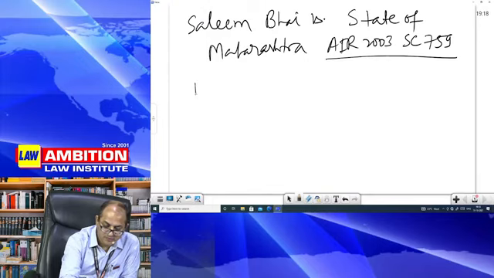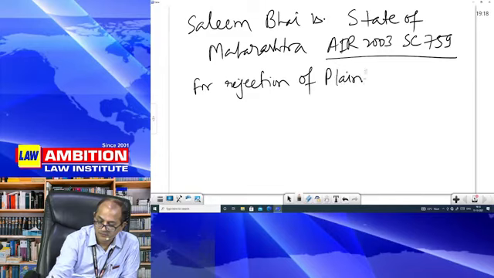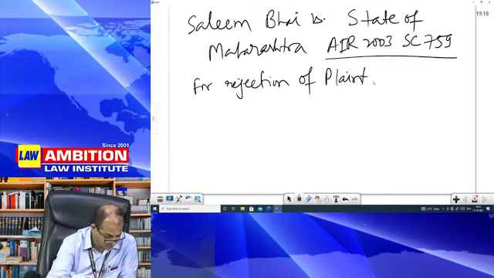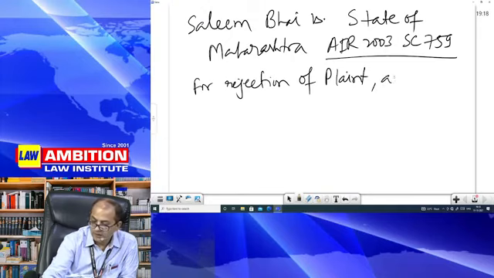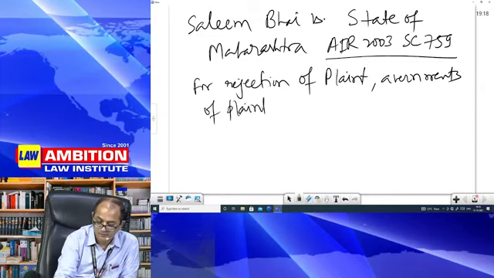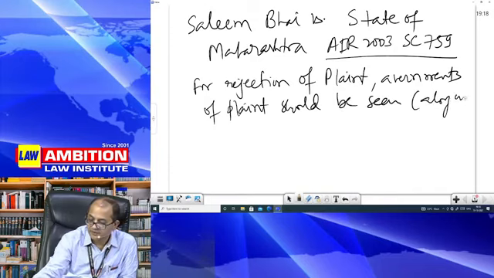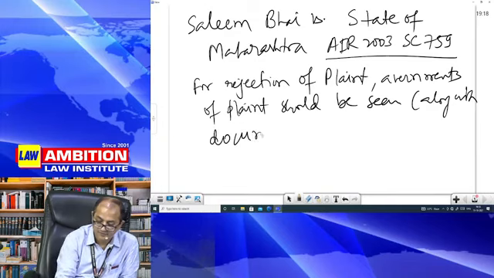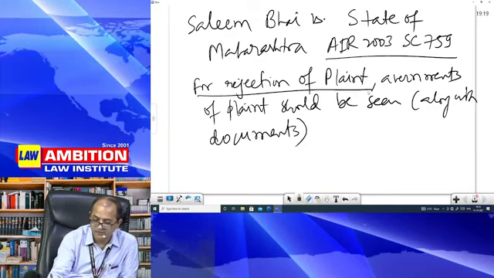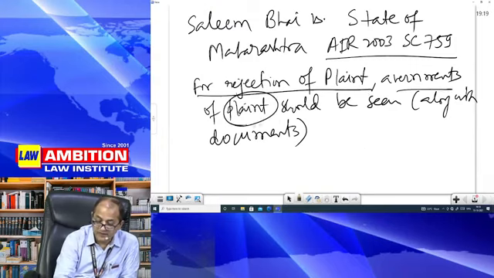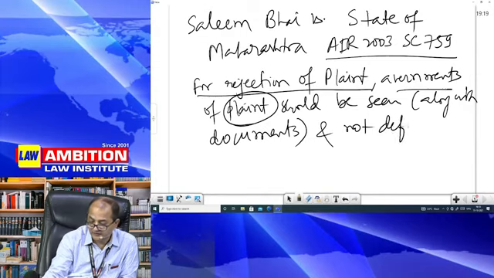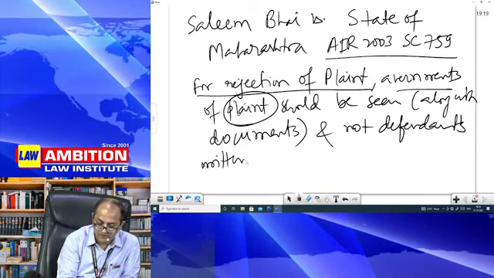So, for rejection of plaint, averment in the plaint should be seen. Obviously, I add, along with the documents. What is being said, I tell you, you see the plaint and not the defendant's written statement. Brother, this is about rejection of plaint, the defendant's written statement is not required to be looked into.